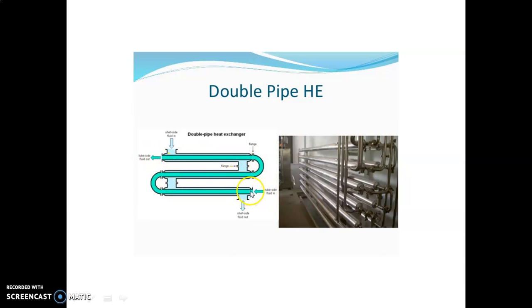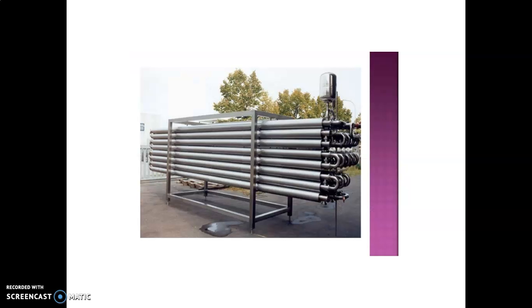If you add another return bend and connect two more pipes, it is called a triple. In this way we can increase the length of this heat exchanger. In this figure, this is the return bend; this is single, this is double, this is triple. So we can arrange the heat exchanger according to the application.